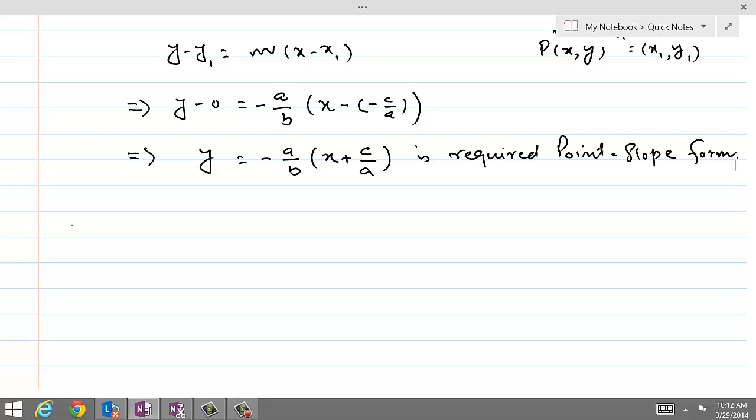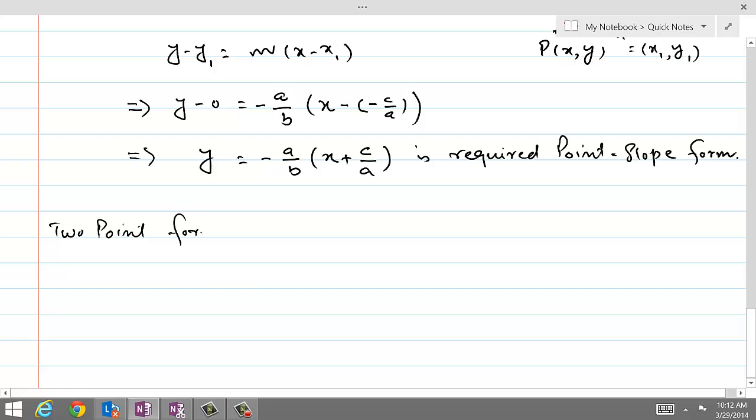And now we are going to calculate the two point formula of the straight line, and that is easy because on the line here we already have B, which has coordinates (0, minus c over b).